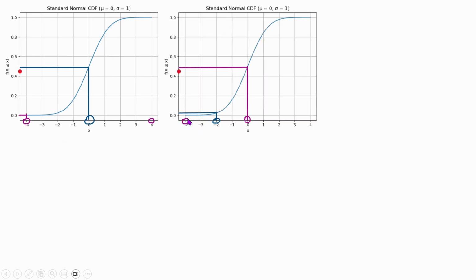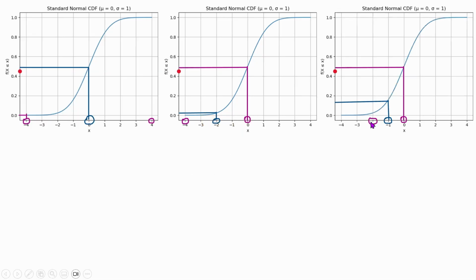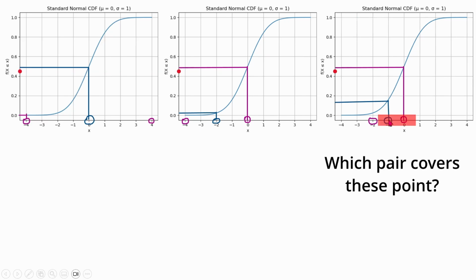You can see that we have taken these 2 points and we have again taken the average. Again, we ask the same question: does the CDF of these 2 points cover the red point? No, they don't. But these 2 points do. So these are our 2 new points for the next iteration. Again, take the average and ask the same question, which pair actually covers this point?